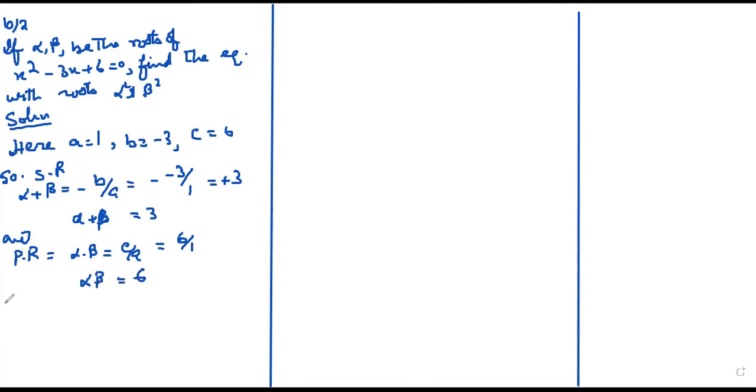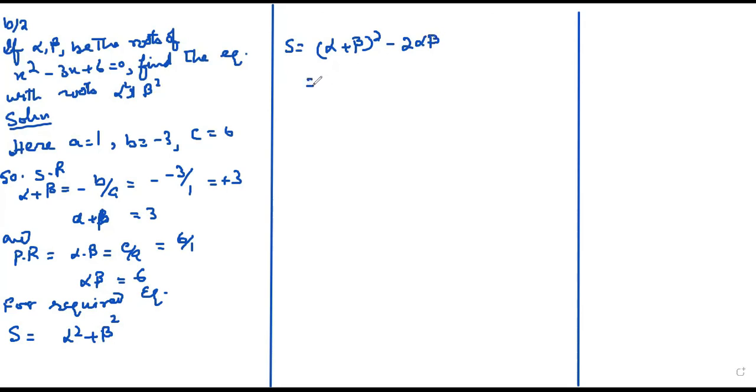So for the required equation, sum of the roots equals to alpha square plus beta square. Right? So sum of the roots equals to, using the formula, alpha plus beta square minus 2 times alpha beta.